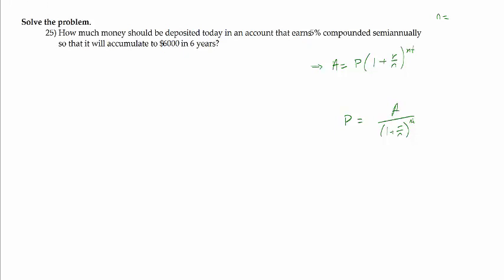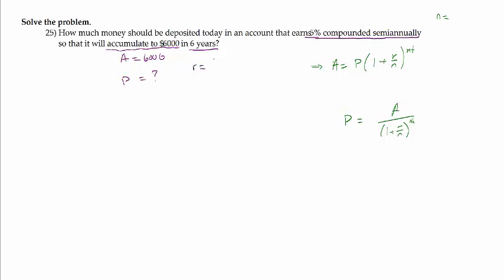So what do I know? I know that it's going to be compounded semi-annually at 5% for 6 years, and then I want it to accumulate to 6,000. So that's going to be the future value, 6,000. What's the present value? I don't know. That's what I'm trying to find.